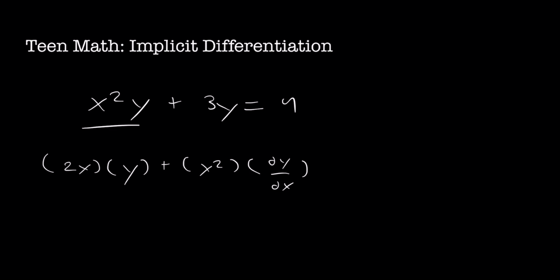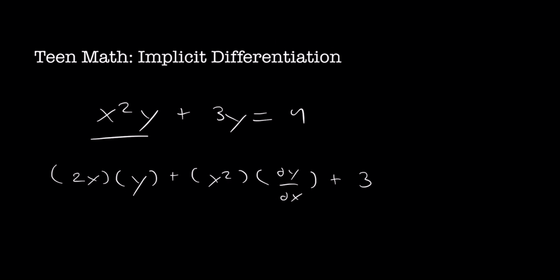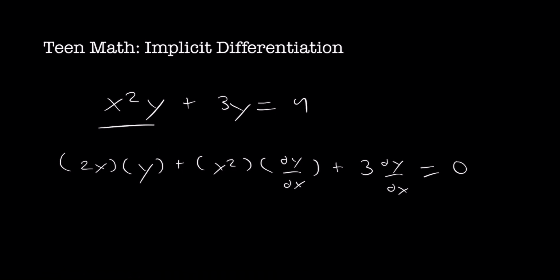Then let's solve for the other two terms. For 3y, the derivative is just 3 and the y goes away. But in implicit differentiation, since we found the derivative of y, we have to include dy over dx. And according to the constant rule, 4 just becomes 0.